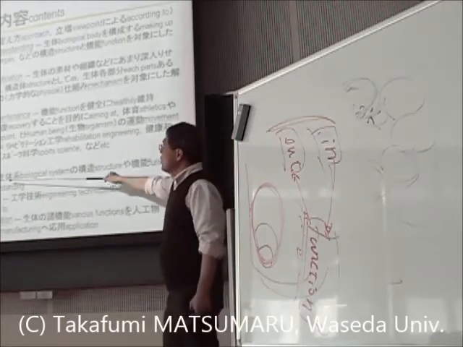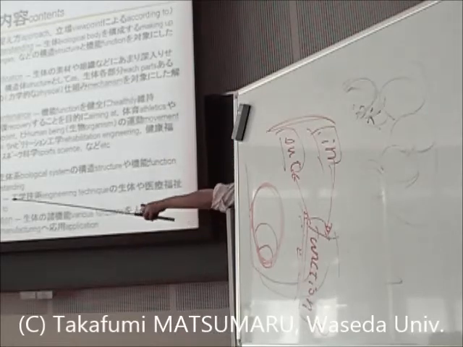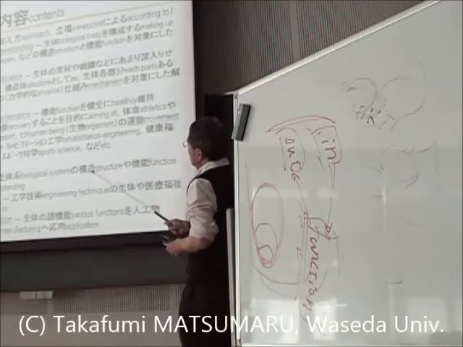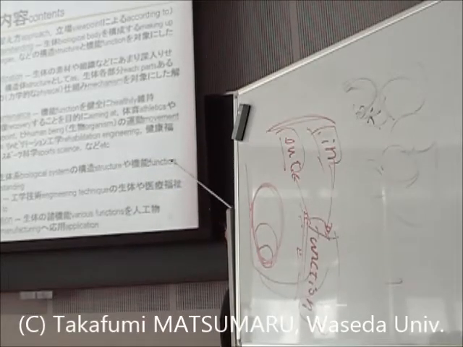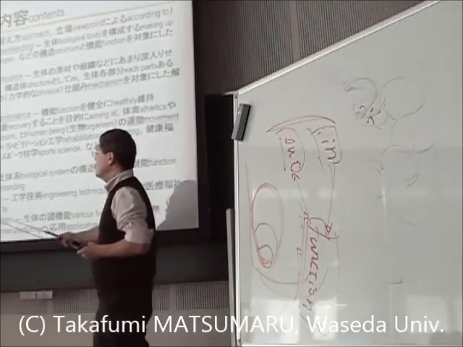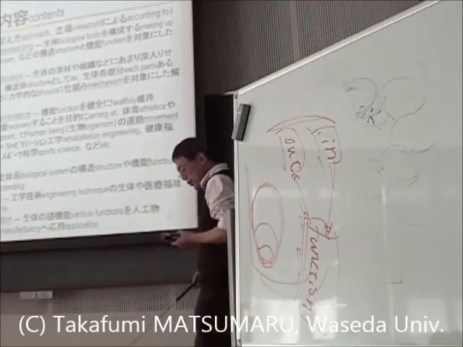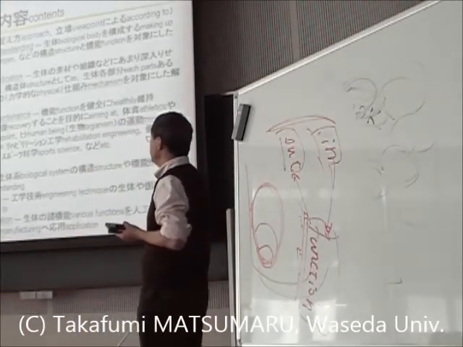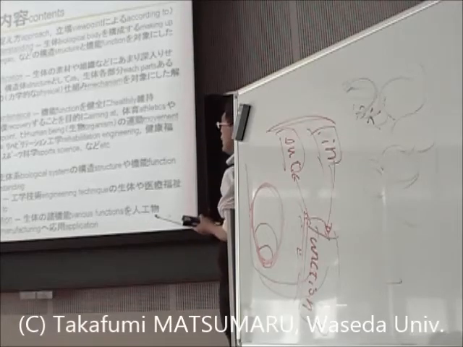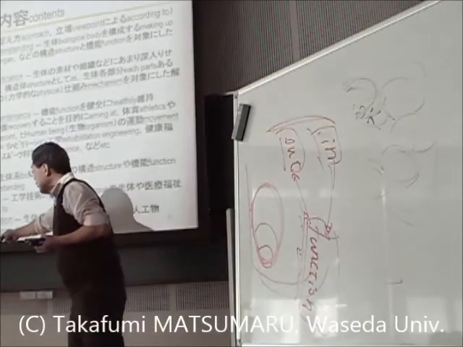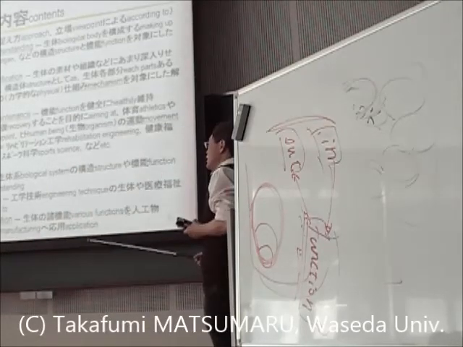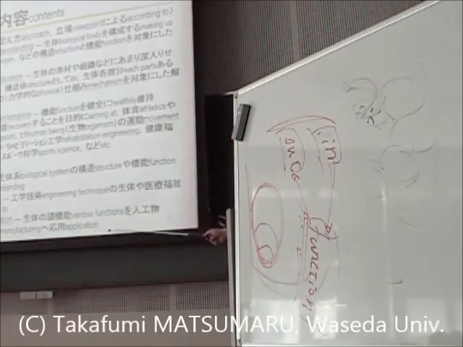Basically we want to make clear its structure and function, and the clarified structure and function will be used for medicine and biology, and for engineering itself: for designing artificial objects, manufacturing artificial objects, and new application development.